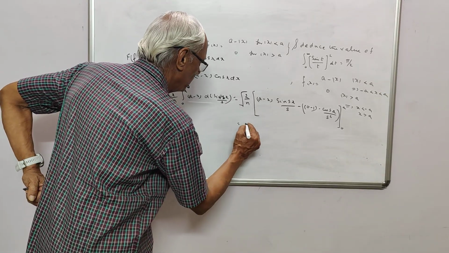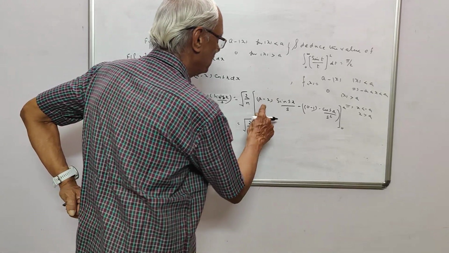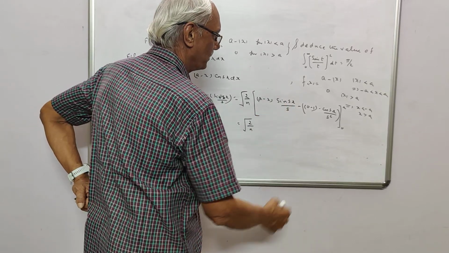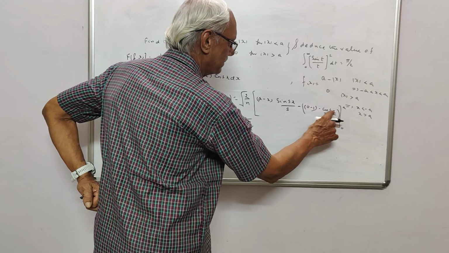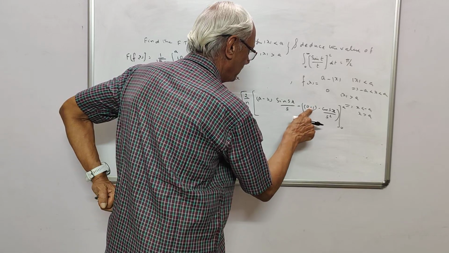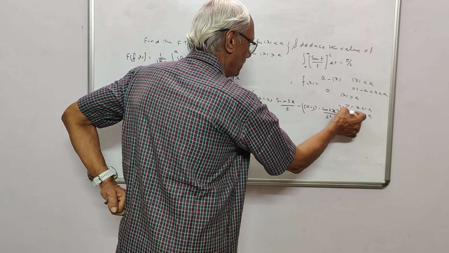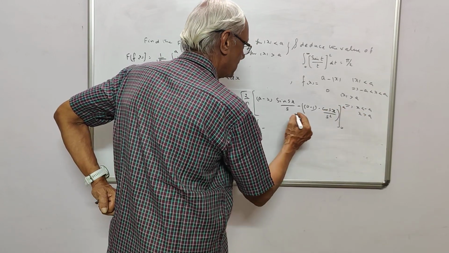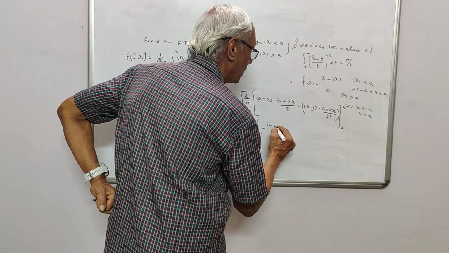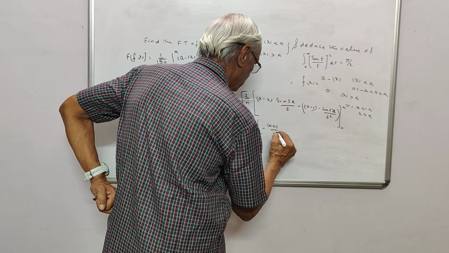Now what will you get here? When you put a here, a minus a is 0, so this whole thing will become 0. When you put a in the second term, minus into minus is plus, then this is minus, so it is minus cos as by s squared.